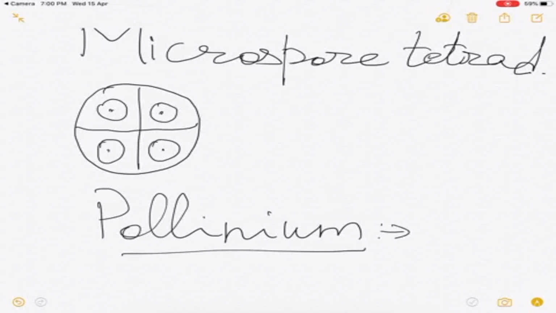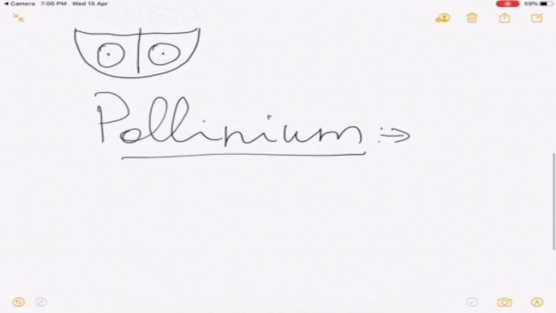Actually, in some plants, like some orchids or Calotropis, the pollen grains of a sporangium do not form any tetrad, or they do not get separated. They just make a cluster or a single mass. They just join together, and that case is called pollinium.